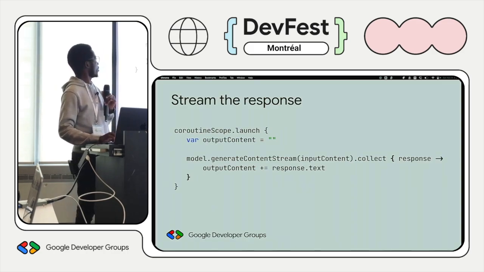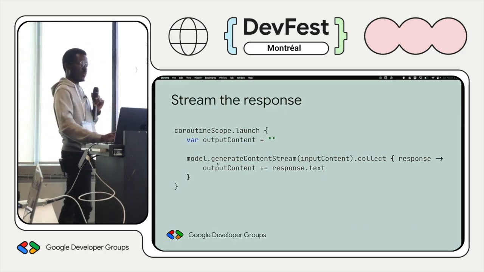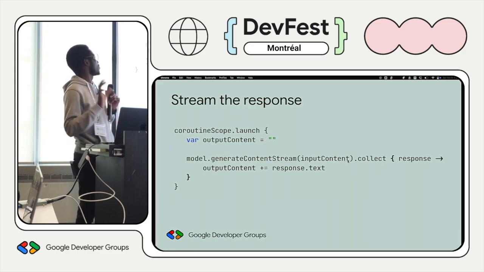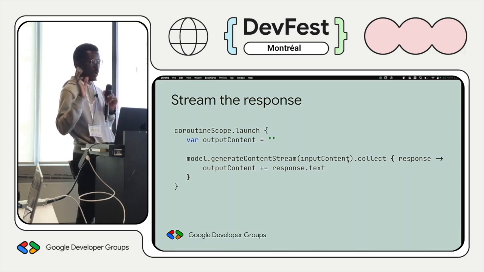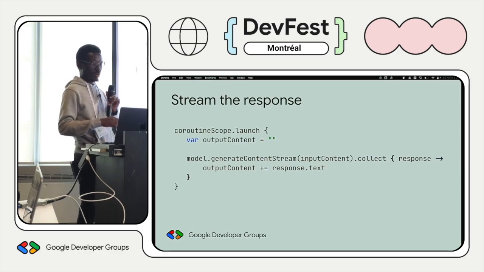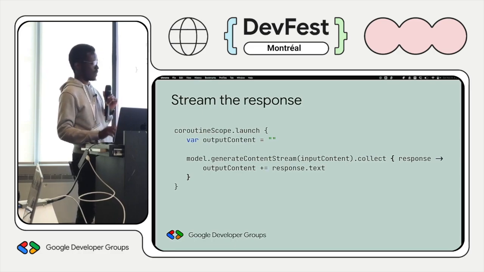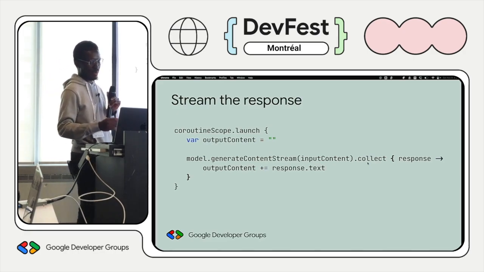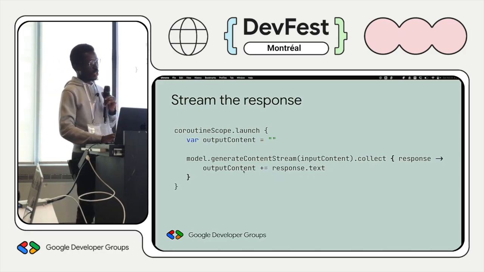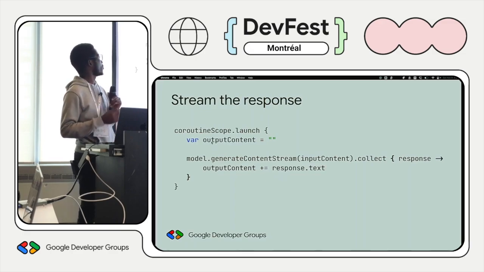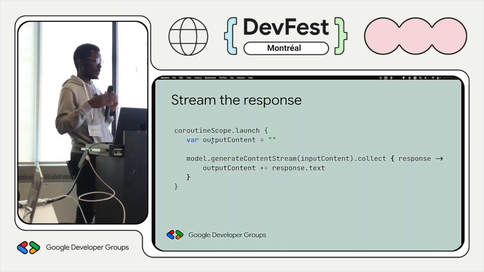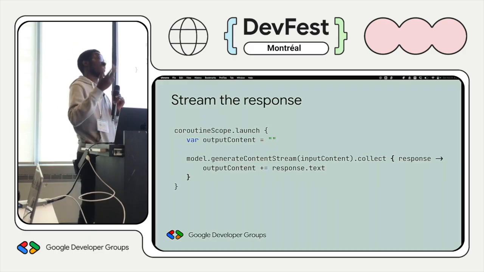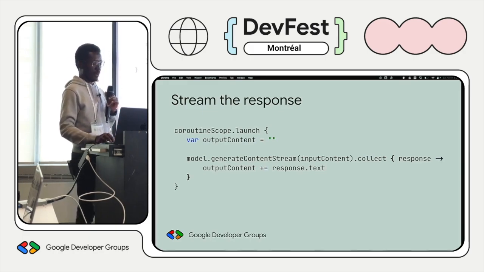The first thing you need to do is to initialize an empty string and then call generate content stream, and you provide the input content. The input content can represent the prompt, or the prompt with an image, or any kind of content input supported by Gemini. After that, we'll just be collecting the response. And every time we get something new, you just need to append it to our output content, and you can even display it progressively instead of waiting for the entire response to come.